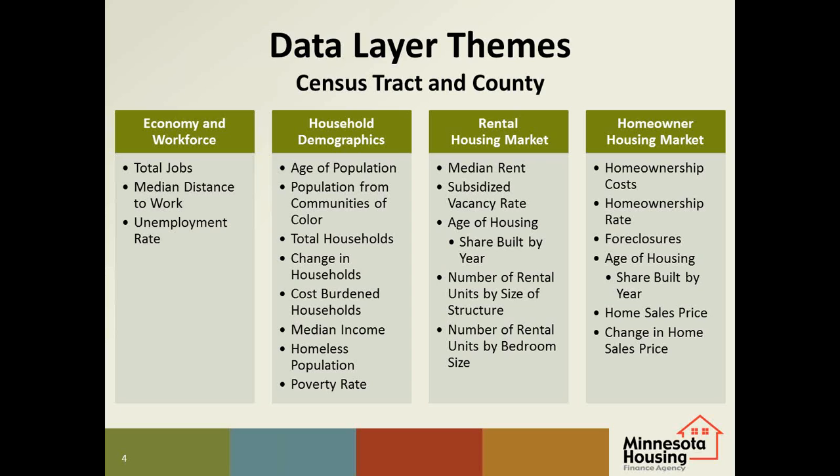This is our largest collection of data elements and includes information about costs for both renters and homeowners, vacancy rates for subsidized housing, median sales price and change in sales price from the prior year, age of housing stock, tenure, and foreclosure rates. While we make the raw data available on Minnesota Housing's webpage, most data layer themes display in community profiles based on percentile rankings relative to rankings across the state.